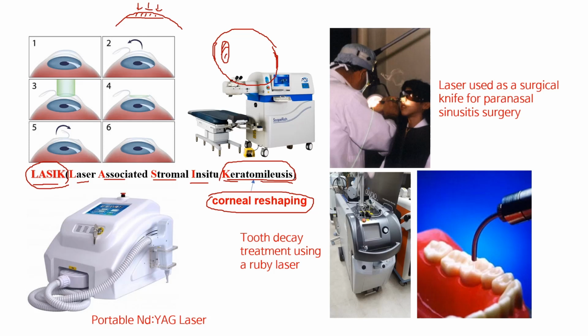An eye consists of two lenses. One is the cornea, this is the cornea. The other is the crystalline lens. In the LASIK, the cornea is slightly flattened by using laser. So this part is removed, and then the cornea is flattened.